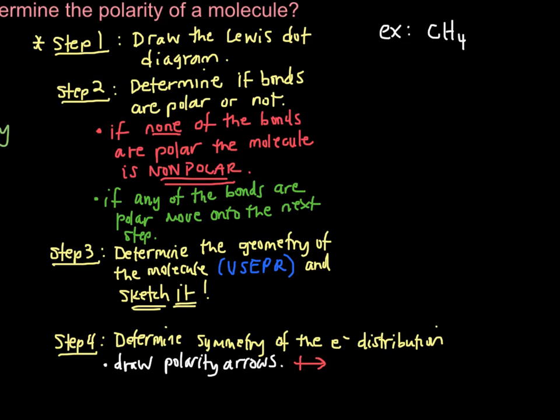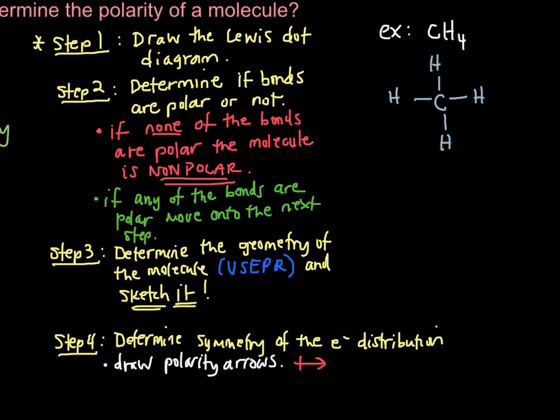Okay, so let's do another example. In this example, we are going to determine the polarity of carbon tetrahydride. Step number 1 says to draw the Lewis dot diagram. So the Lewis dot diagram for carbon tetrahydride would look something like this: carbon bonded singly to 4 hydrogens. Step number 2 says to determine if the bonds are polar or not.